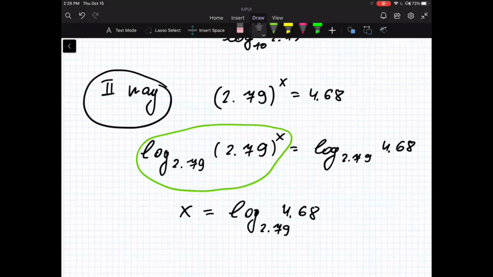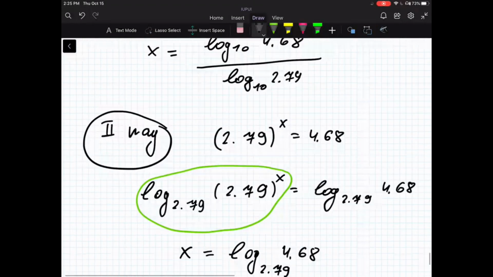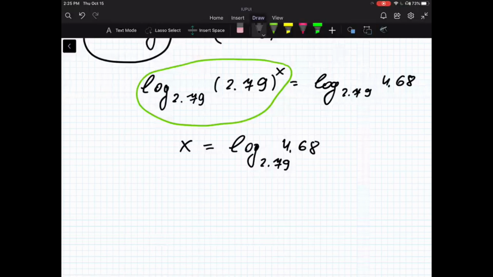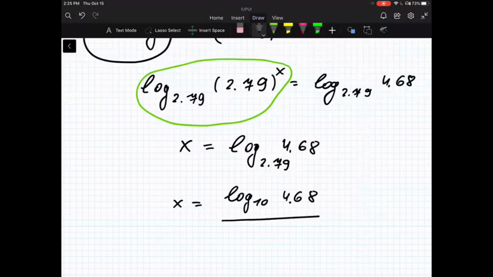But of course, there is a reasonable question. We get x is equal to that, and we also get that x is equal to logarithm with base 10 of 468 divided by logarithm with base 10 of 279. So they look very different.